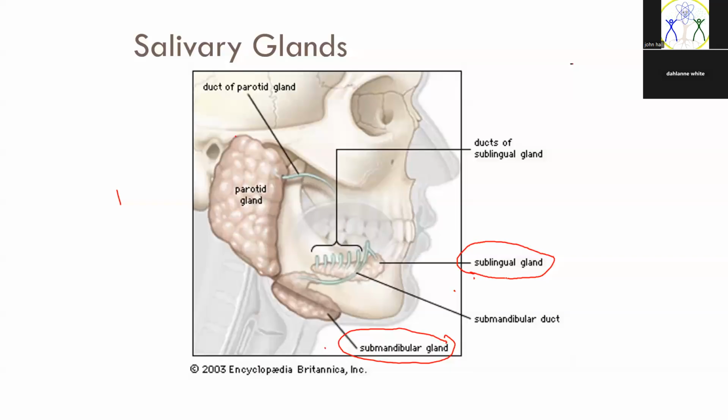So the buffers are there for a similar reason. As the bacteria are producing acid, acid is starting to wear down your teeth. The buffers are supposed to neutralize the acids so the pH of your mouth doesn't drop much below 7. Okay.